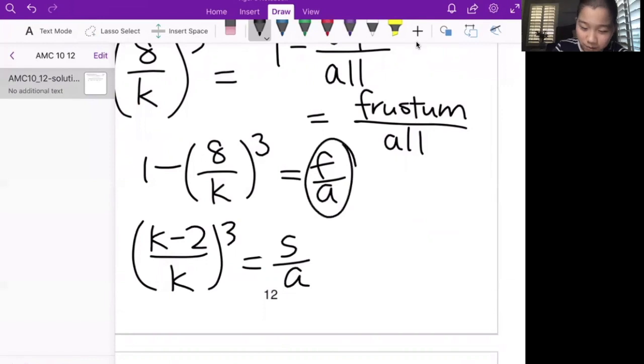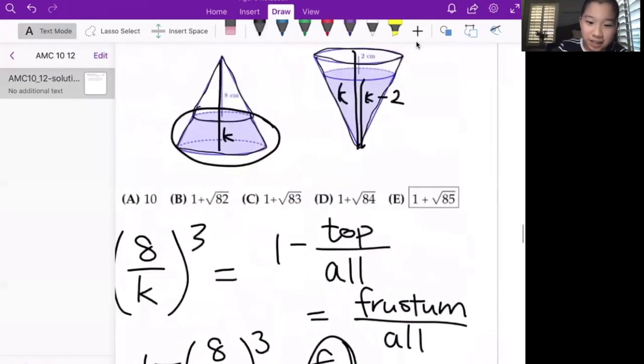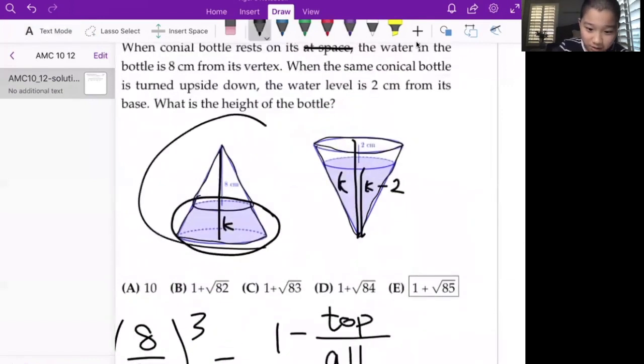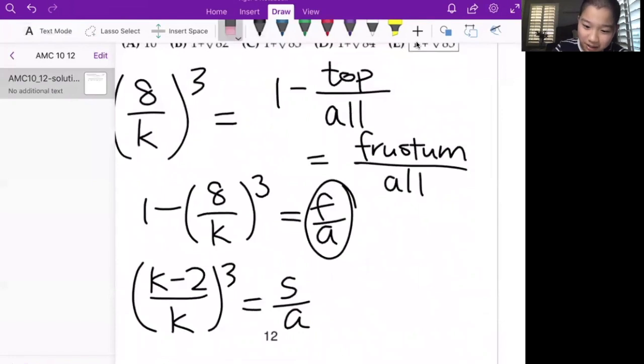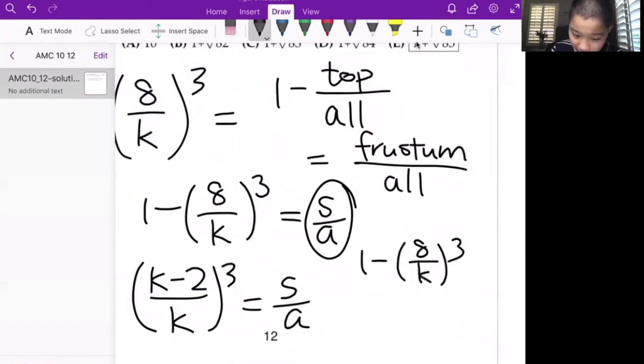But then remember, the frustum is the shaded region in this picture. So let's just write this as S over A. And then we can say 1 minus 8 over K cubed equals K minus 2 over K cubed.